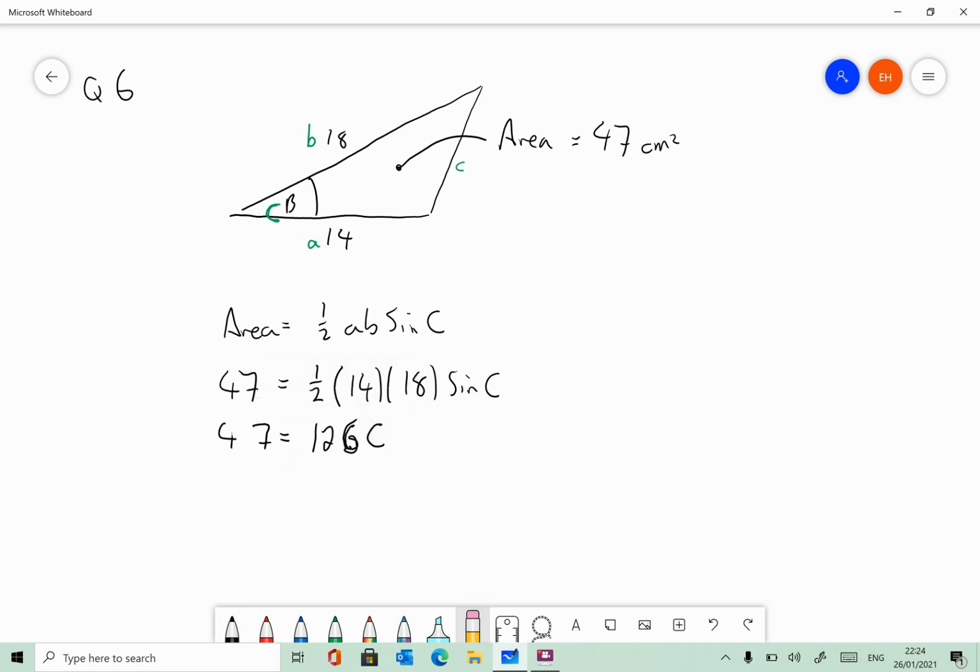I'll just try and rewrite that entire line. 47 is equal to 126 sine C. So sine C by itself is equal to 47 over 126.